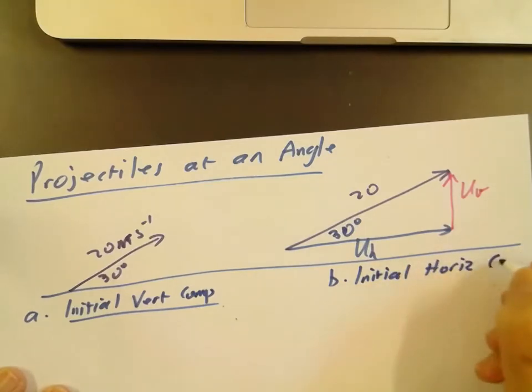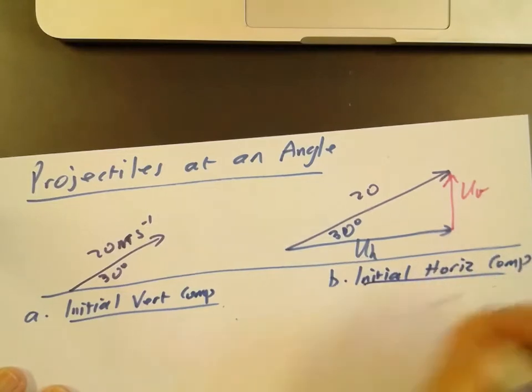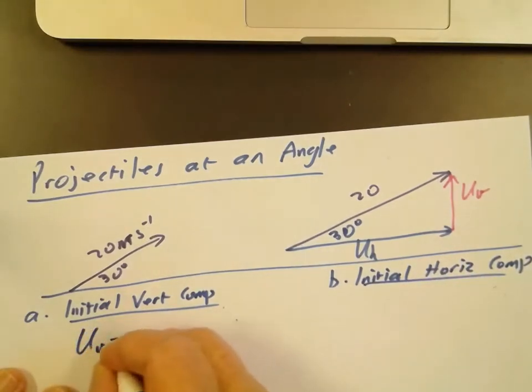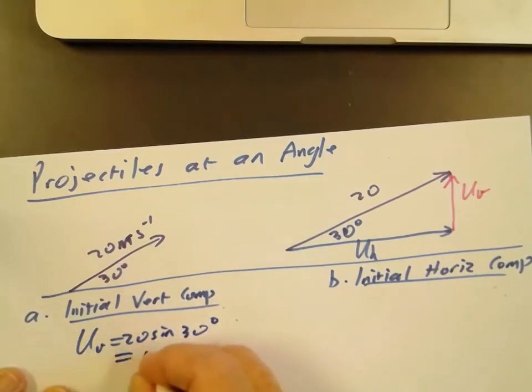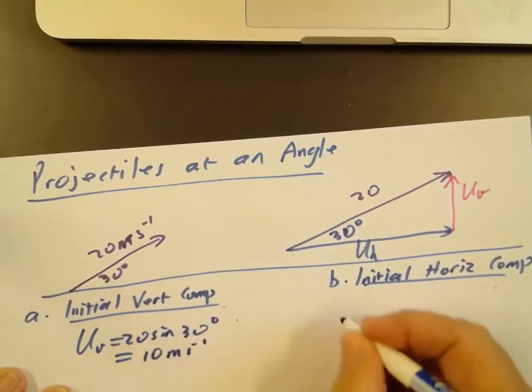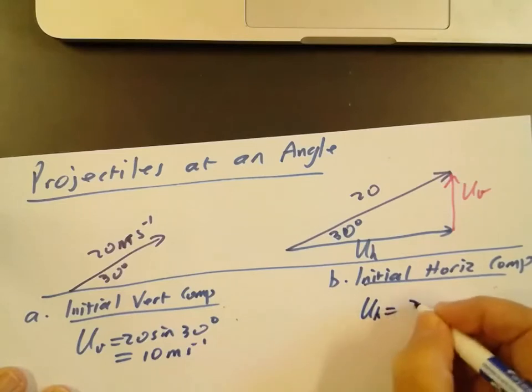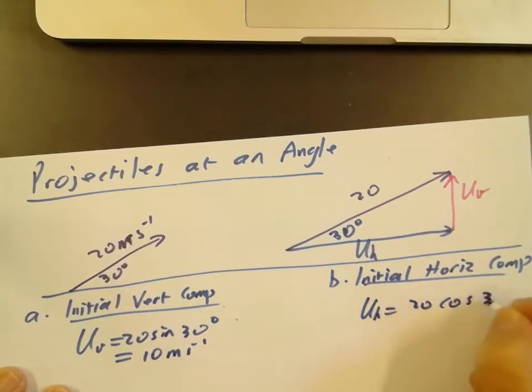So U vertical equals 20 sine 30 degrees equals 10. U horizontal equals 20 cos 30 degrees equals 17.3 ms to minus 1.